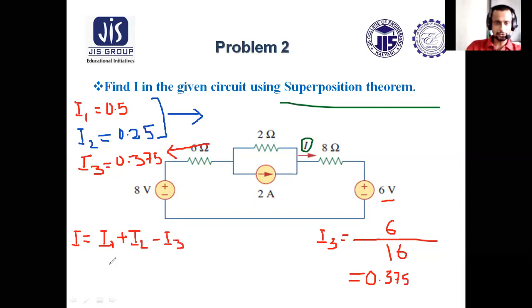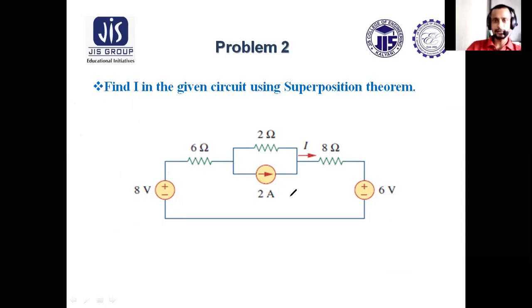I3 is in the opposite direction, so this should be minus. That is why we have mentioned algebraic sum. Direction has to be considered. So 0.75 minus 0.375, and this would be the answer. Okay, so this is how we can get the solution for an electric network using the superposition theorem.